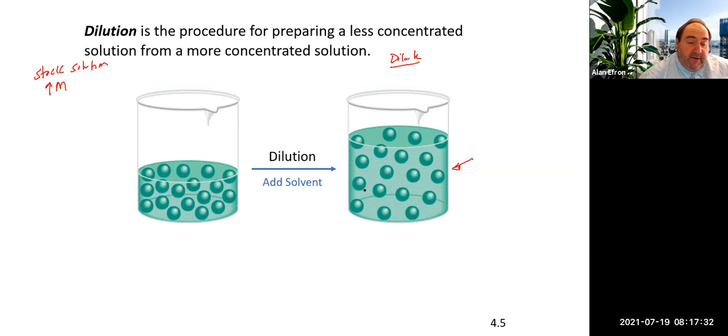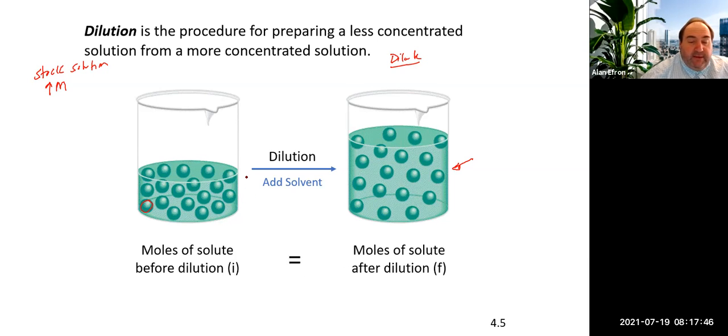As you can see over here, count the circles. I'm assuming the same number of circles on both sides. The important part is that the solute, which would be represented by the circles here, is the same before and after the dilution. So really the only thing that we're doing is adding more solvent.